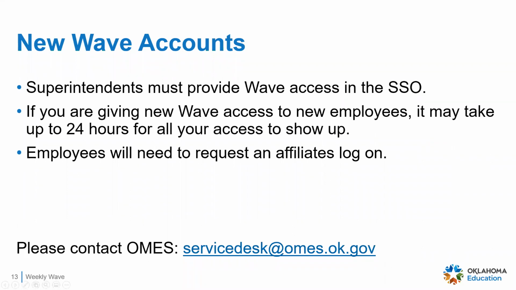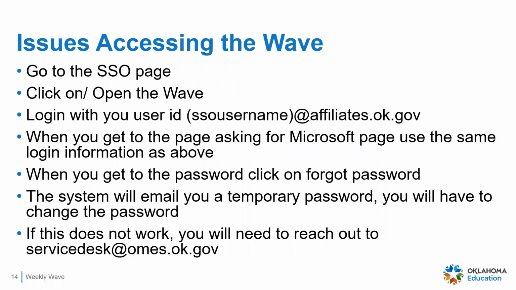We've had several calls from people who have issues accessing the Wave, but they do have access and an affiliates login. If you're experiencing this issue, go to your SSO page, click Open the Wave, and log in with your user ID, which is normally your SSO username at affiliates.ok.gov.